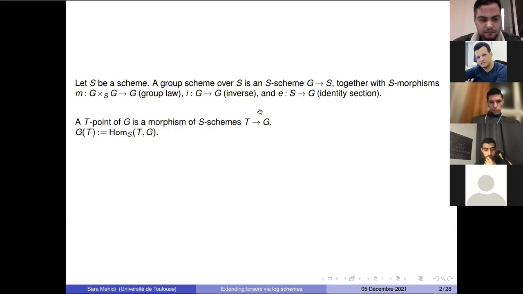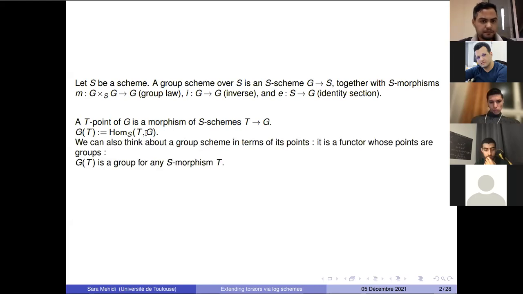I will say that a T-point of G is an S-morphism of schemes from T to G, and I will write G(T) for the T-points of G, the morphisms from T to G. As I said before, we will think about group schemes in terms of their points. So a group scheme is a functor whose points are groups. So G(T) is a group.